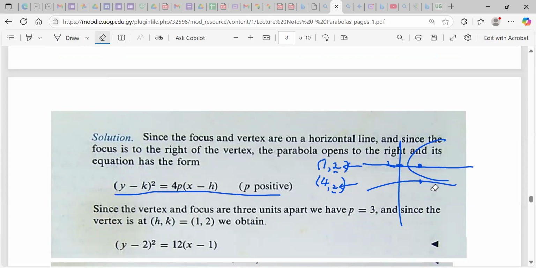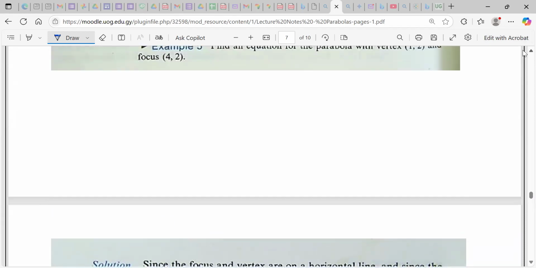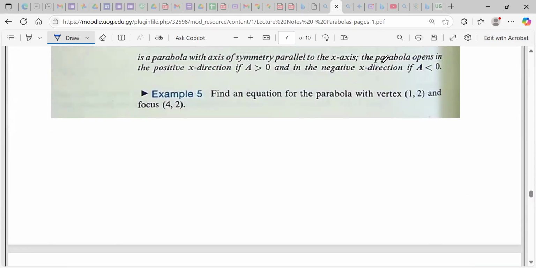Your vertex is (1, 2). So down here is 1, right? And what's the (4, 2)? The focus is (4, 2). All right.